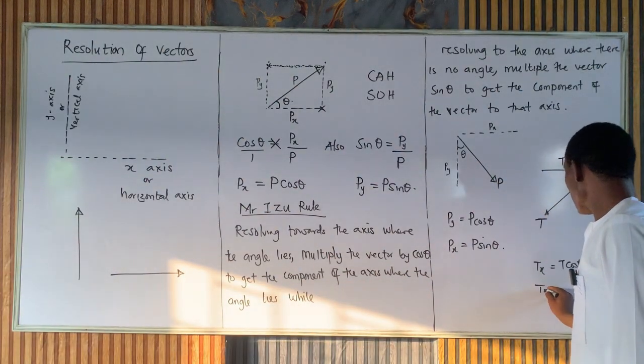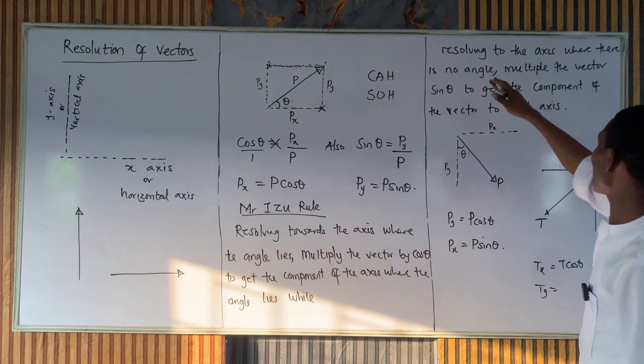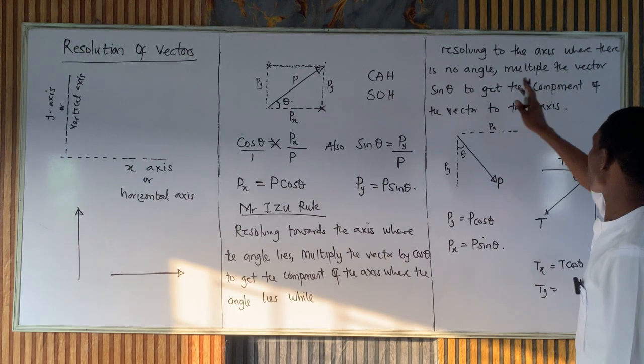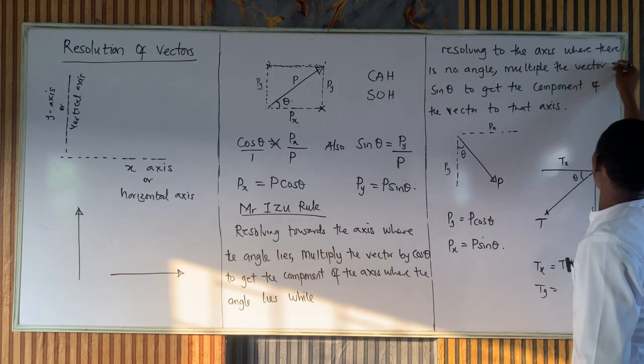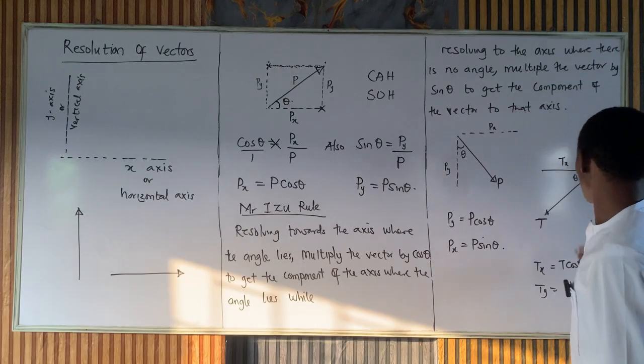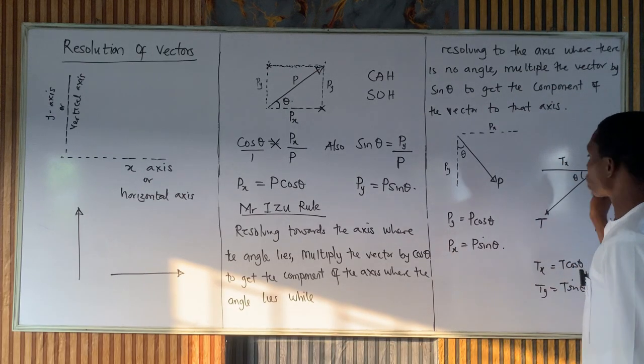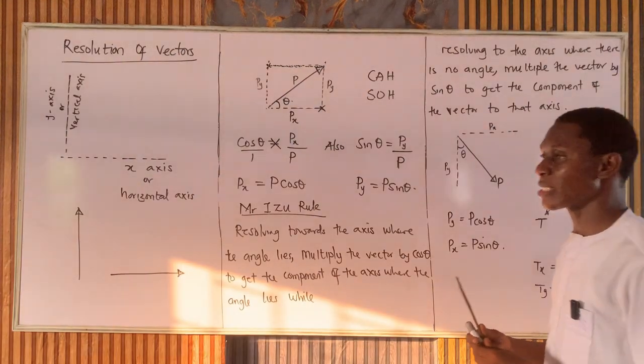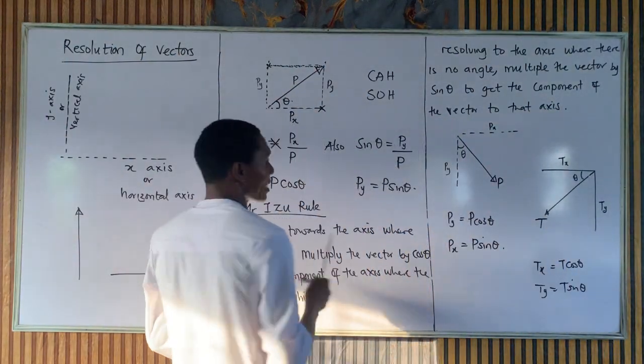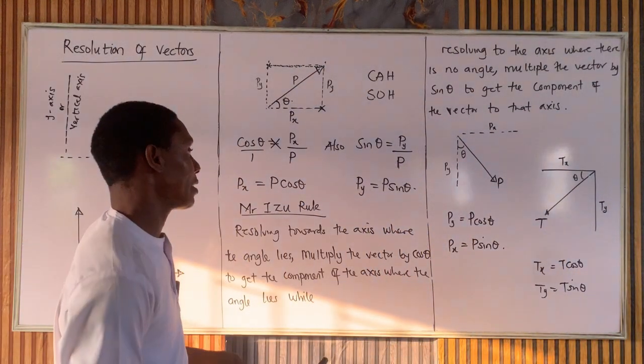And resolving to the axis where there is no angle, multiply the vector T by sin theta. You get the component towards that axis. So that's just the idea about resolution. And we take questions now.